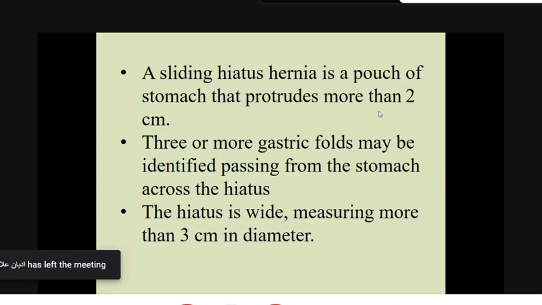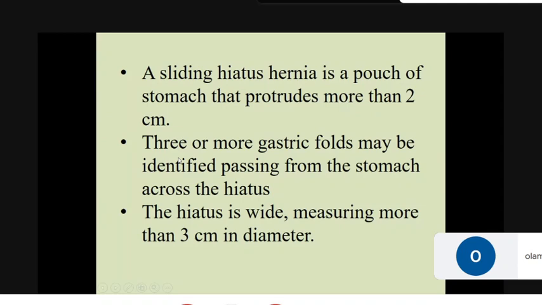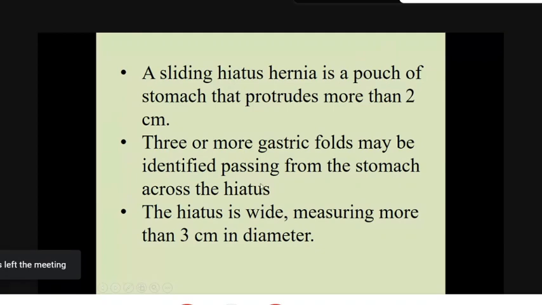This allows movement of the stomach less than 2 cm above the diaphragm. So if we see a bulge of stomach protruding more than 2 cm above the diaphragm, this indicates a sliding hiatus hernia. 3 or more gastric folds may be identified passing from the stomach across the hiatus.